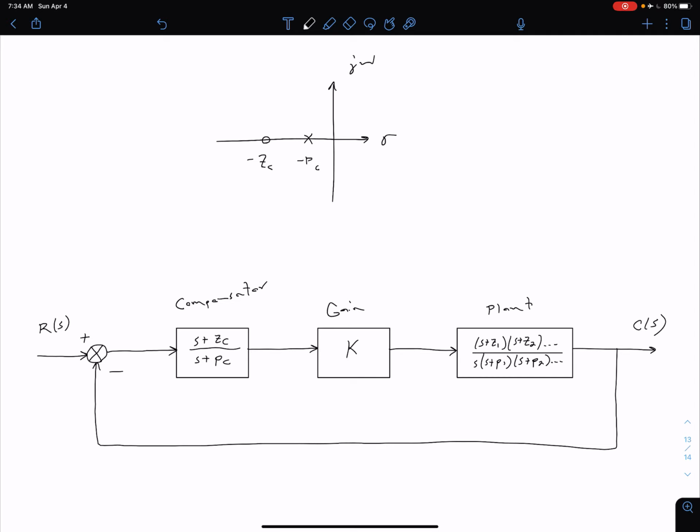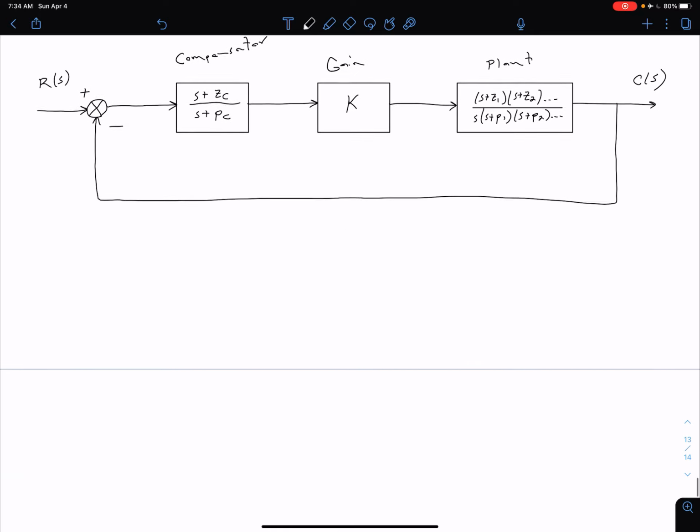Because I had negative PC and negative ZC up there, I can write this as S plus ZC over S plus PC. A couple things to note about this system: we can look at the plant and note that in this particular case, because we have an S to the 1 in the denominator, this would be for a type 1 system. I've done that so we can talk about a specific error constant, but we could be more general and say that's S to the power of n as well.